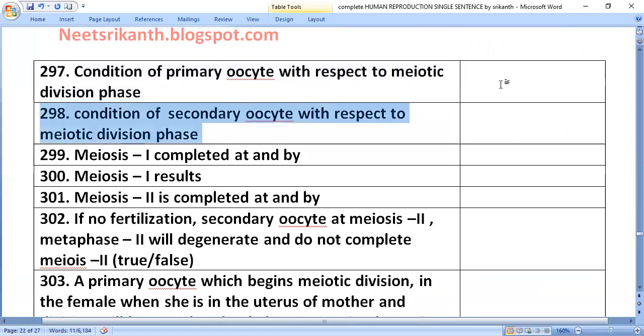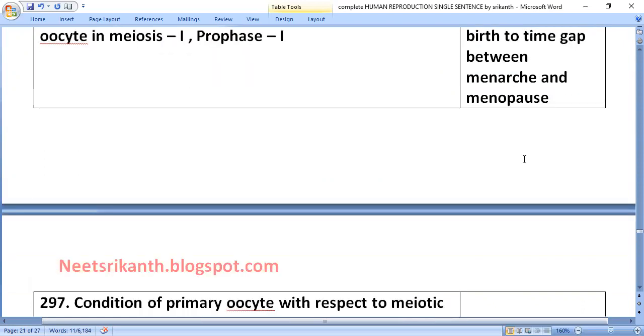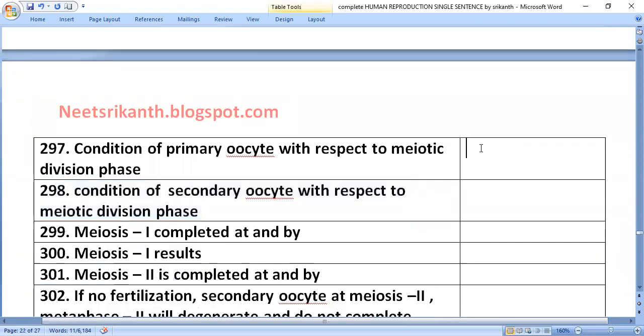Condition of primary oocyte with respect to meiotic division phase: it is in meiosis 1, that is in prophase 1.